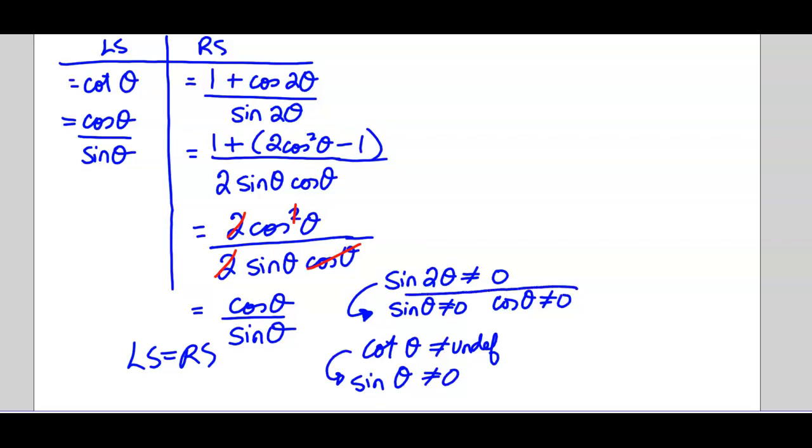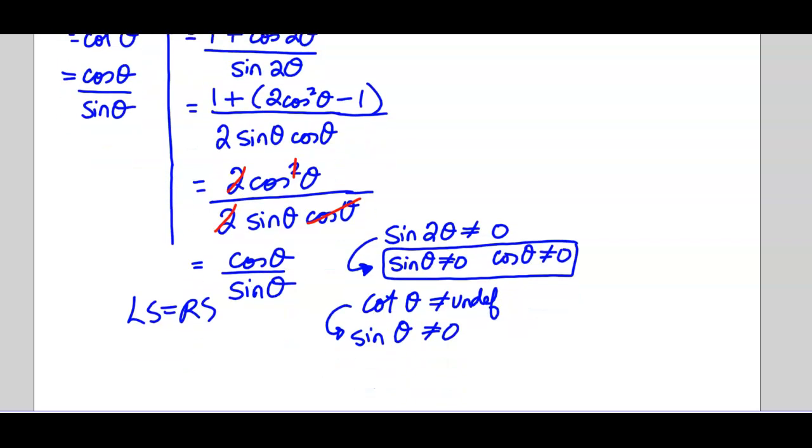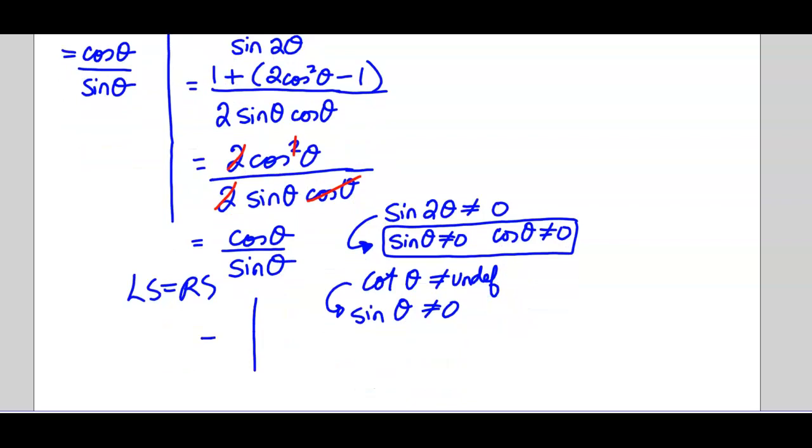So basically, this is where we get our restrictions from. Remember, sine is 0 at 0, pi, 2 pi, 3 pi, etc. I like to use the unit circle: sine is 0 here and here, and cos is 0 up here and up here. So theta cannot be multiples of pi over 2.